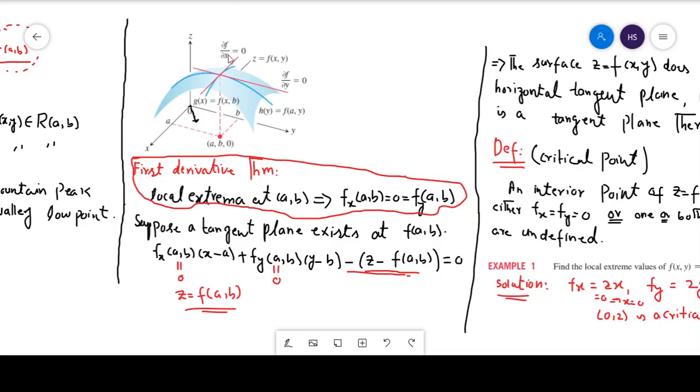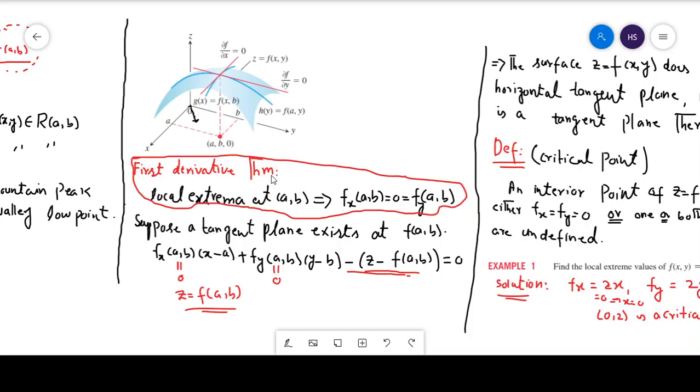The slope of this red line is the derivative of the function with respect to x, and the slope of this tangent line is the derivative of f with respect to y, so they're both zero. So this is exactly what the first derivative theorem said.